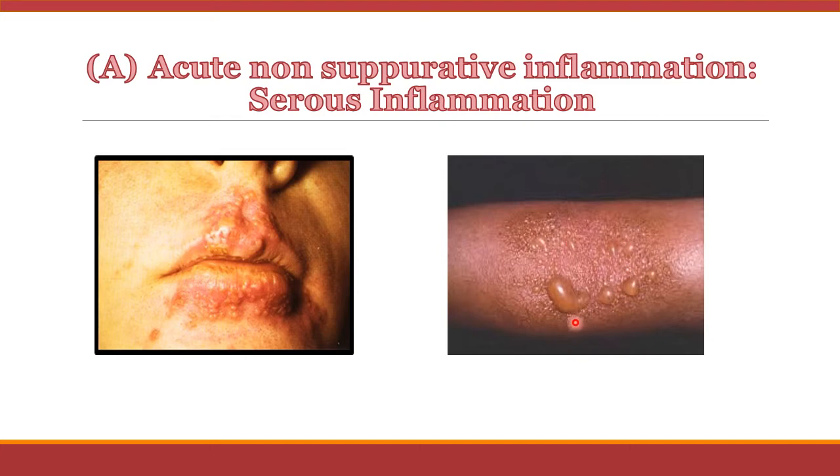Also, this is another example of serous inflammation. This is a patient that has severe burn. And again, if we are burned with hot fluid or water, we can see some kind of vesicles or blebs or bubbles on the surface of our skin that are filled with fluid. This is a second-degree burn.